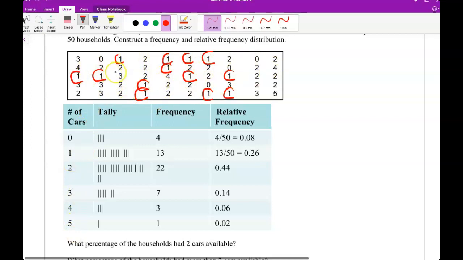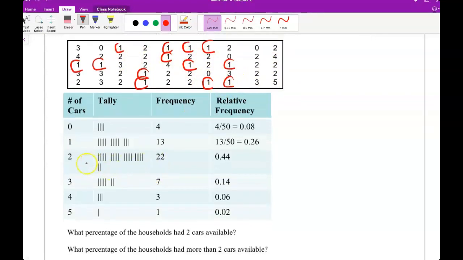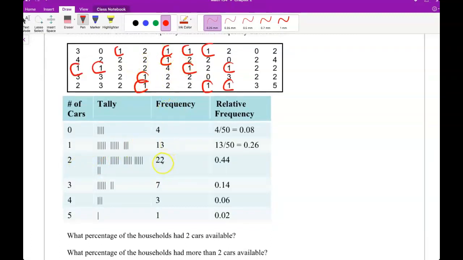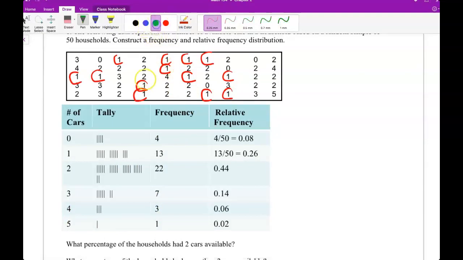The numbers that we have are starting from 0 up to 5. So 0, 1, 2, 3, 4, 5. So how many 2s do we have here? We have 22. 3s are 7 here, 4 we have 3 4s here, and 5 we only have 1. That's this one.